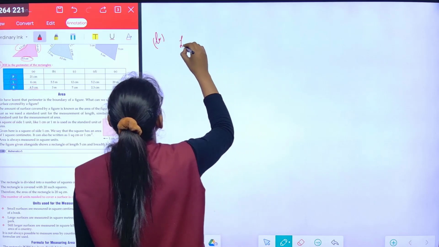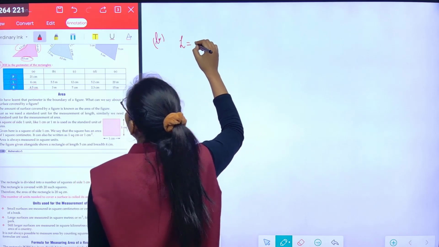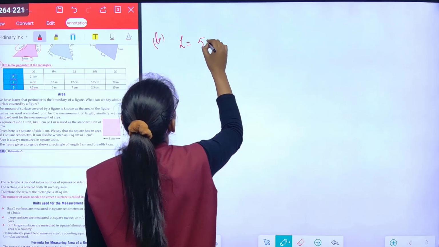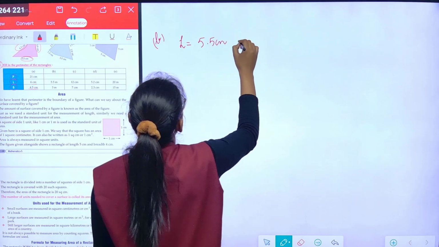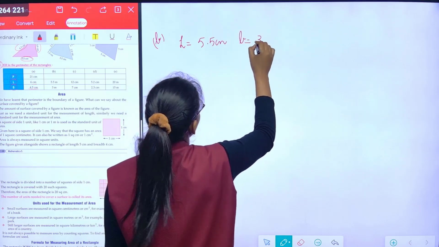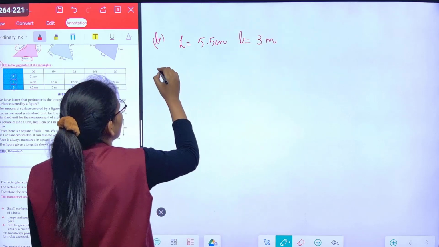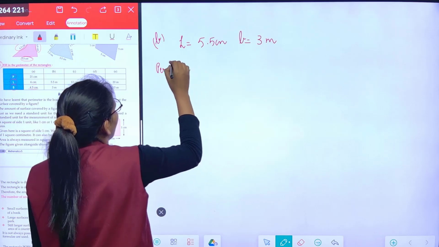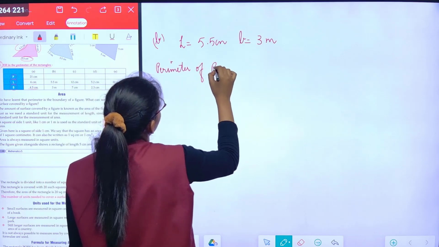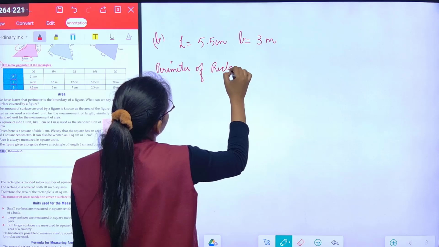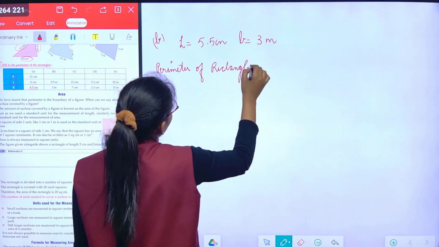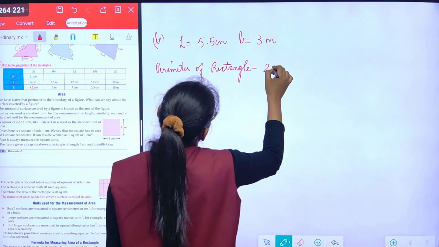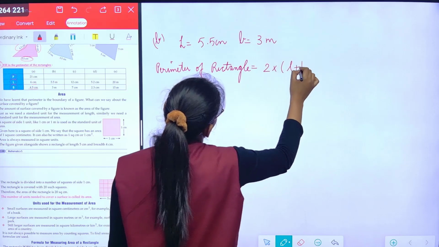Now length is equal to 5.5 centimeter and breadth is equal to class 3 meter. So class C, parameter of rectangle is equal to 2 multiply length plus breadth.